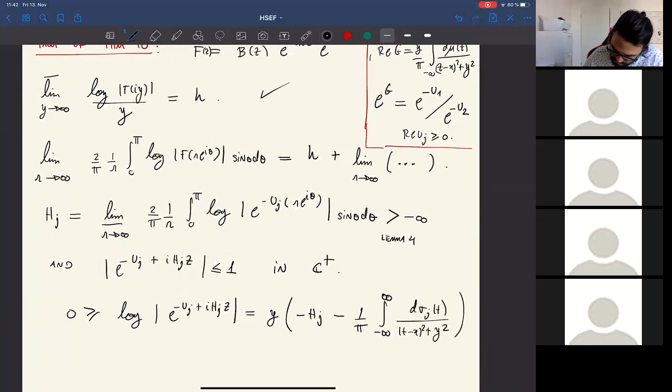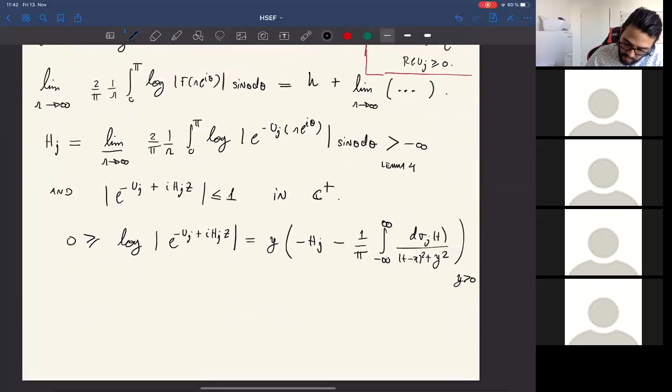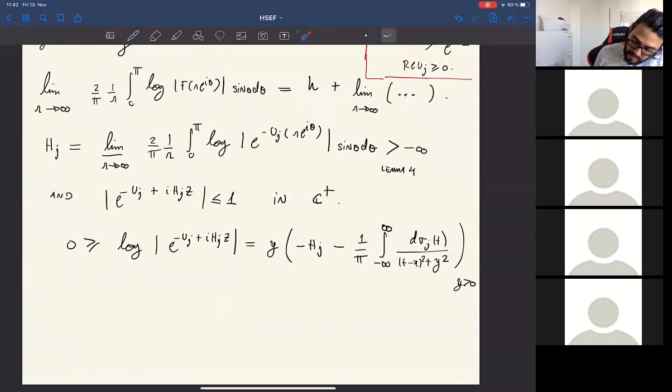We know that this thing is negative for y positive. Then we are almost there, because this thing is greater or equal than 0, so this bit here is less or equal than 0.